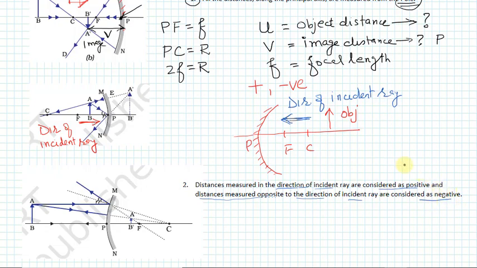Let's understand this. Now, let's see this diagram. AB is our object. This red arrow indicates the direction of incident ray. Now, if you want to measure u, which is object distance, meaning P to B.